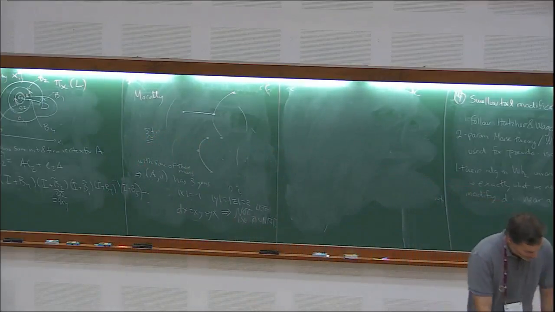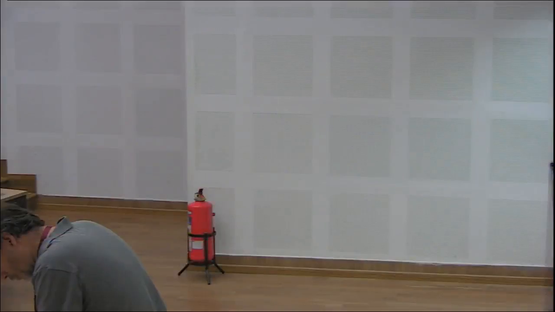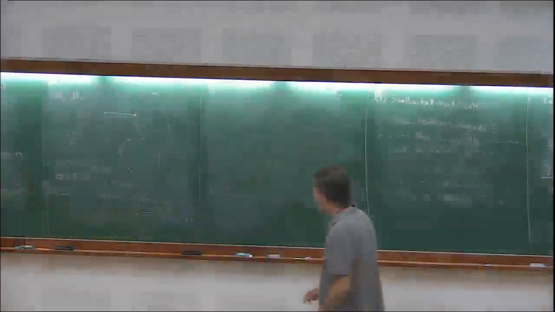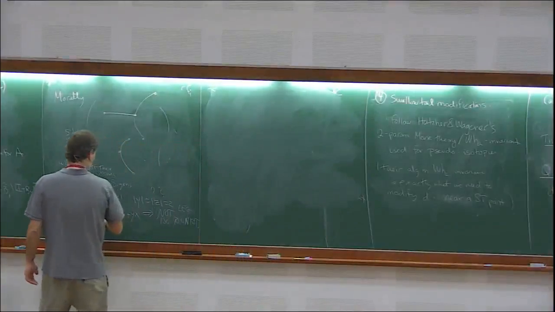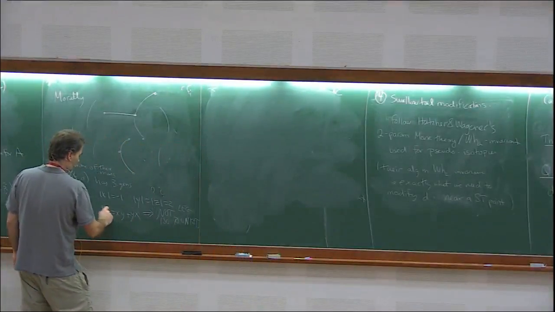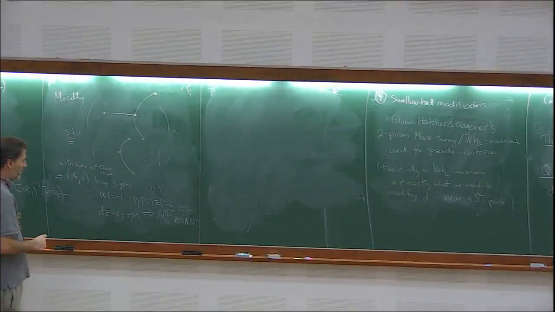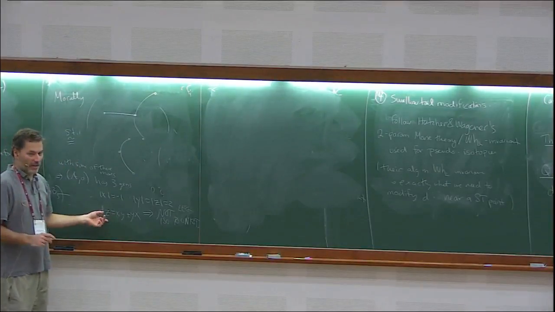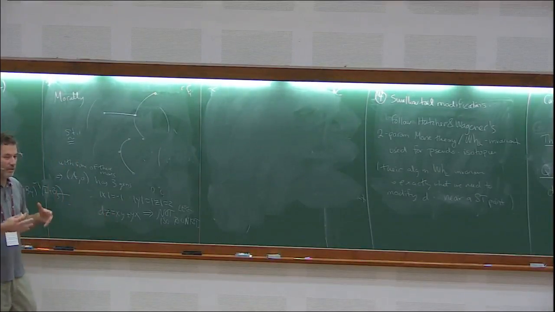Let's see, what did I write down? Oh, well, first of all, this can't be right. Yeah, x can't be in the image of dx because of the upper triangular properties. Right. But this is degree minus 1.